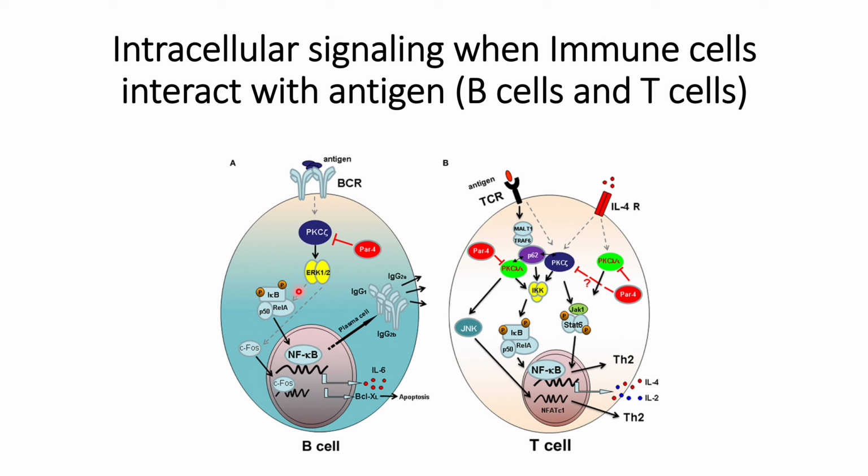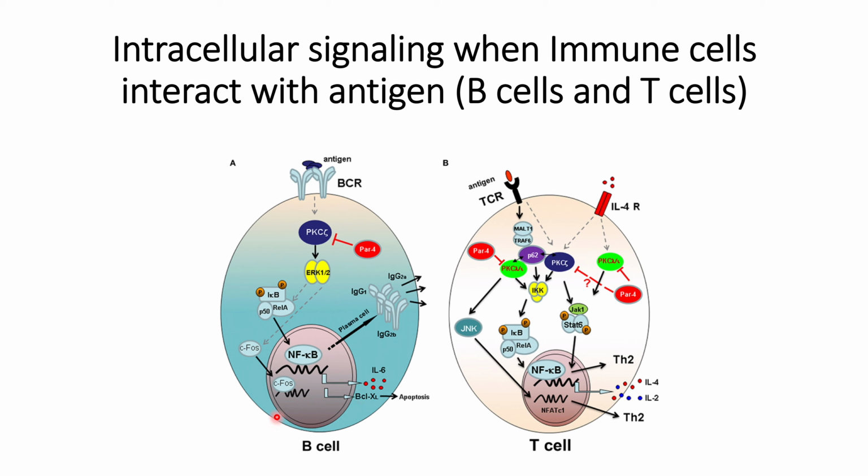Simultaneously, the ERK1/2 pathway will also translocate c-Fos into the nucleus, and that leads to the upregulation of cytokines such as interleukin 6 and BCL-XL, which will cause apoptosis.